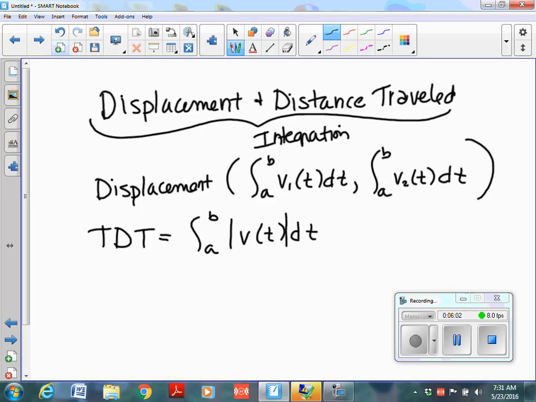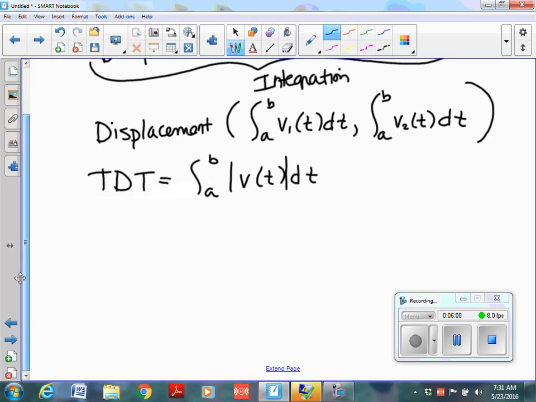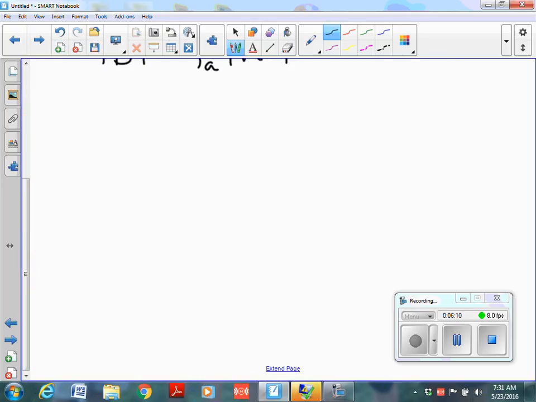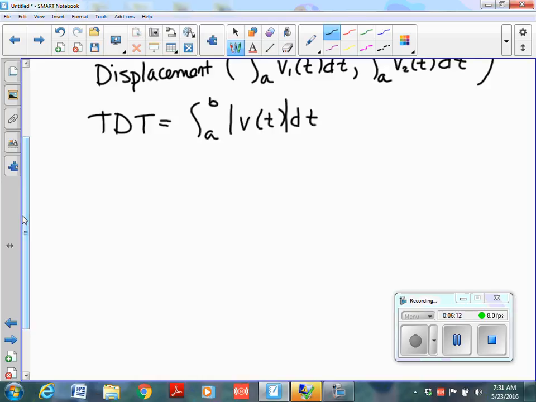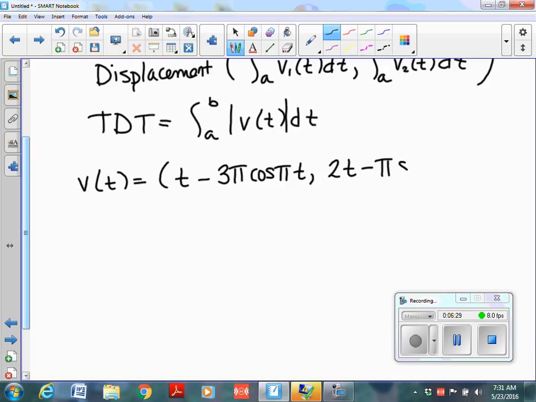So, I'm just going to give you one example on how to do displacement and distance traveled. So, here we go. V of t is equal to t minus 3 pi cosine of pi t, and 2t minus pi sine of pi t.